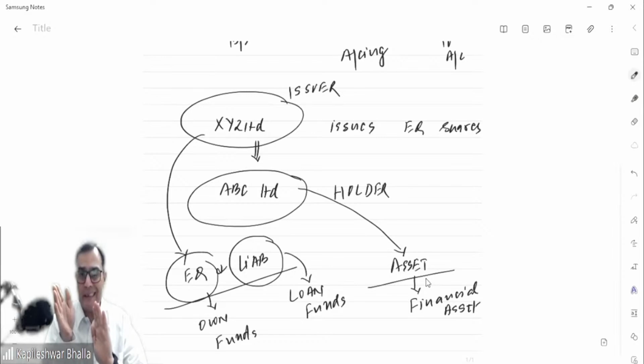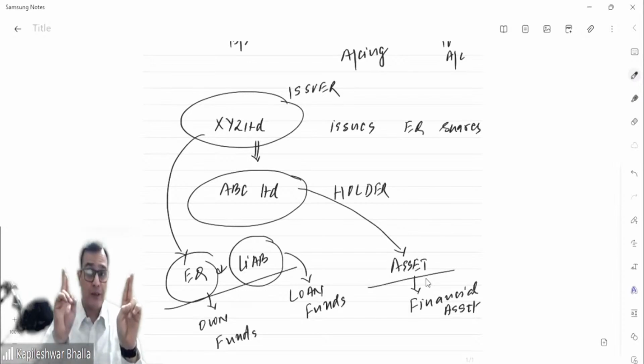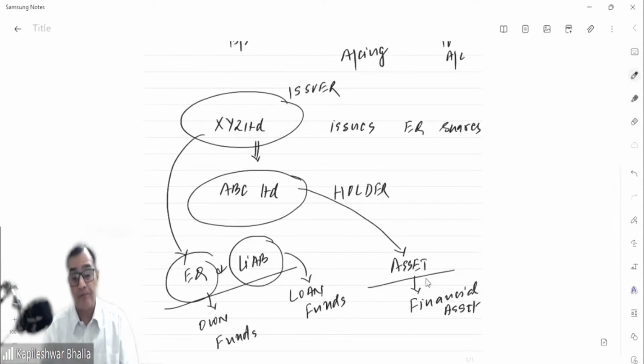The entity which issues the instrument has to decide its presentation on the liability side of the balance sheet. It needs to take a call whether it's an own fund, called an equity instrument, or it is a loan fund, that is called a financial liability. He needs to look at the contract and decide whether it is an equity instrument or a financial liability. But as far as the holder is concerned, he would always land up saying it's a financial asset.